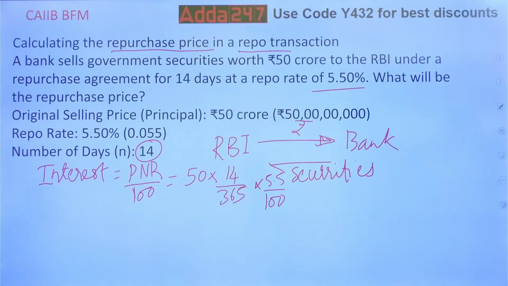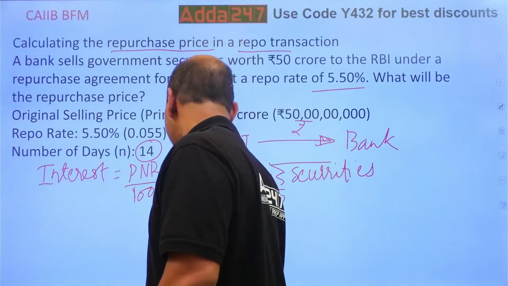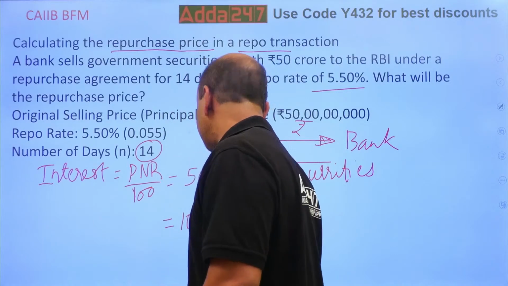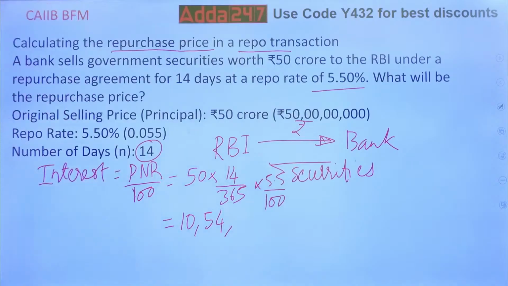The answer for this is 10 lakh something, isn't it? 10 lakh 54,000. Have you got this? Let me see in the comment section how many of you have got it.